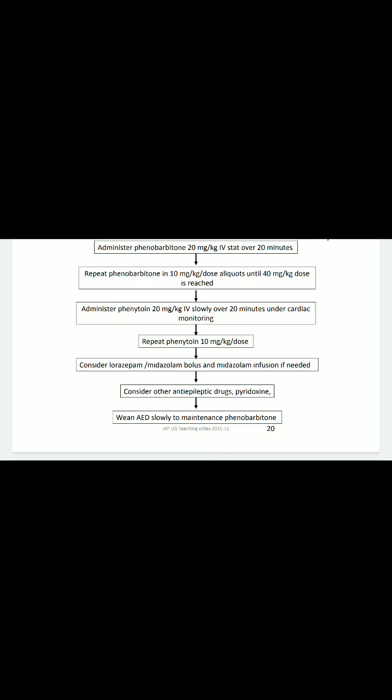If seizure continues in spite of the maximum dose of phenobarbital and phenytoin, the benzodiazepines have to be tried, like lorazepam or midazolam. And if seizure still continues, then consider pyridoxine dependency.